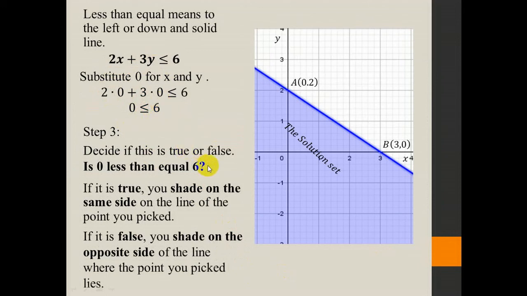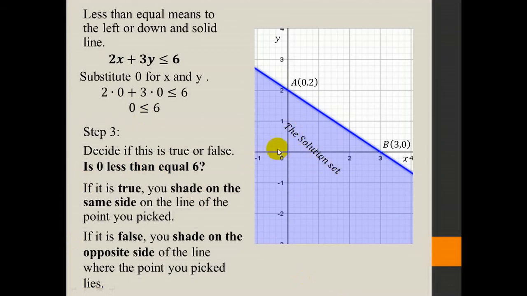Is it true, 0 less than or equal to 6, or false? When we substitute (0, 0), you think, oh, that one is true because 0 is less than or equal to 6, right? Because it is true, you draw or give the shade on the same side.